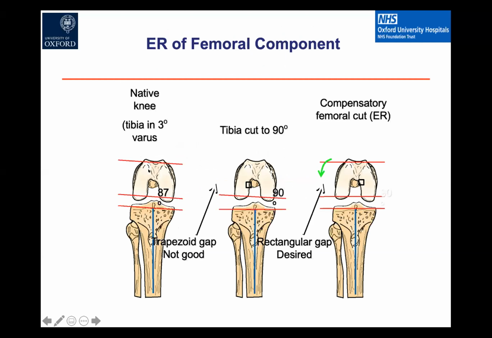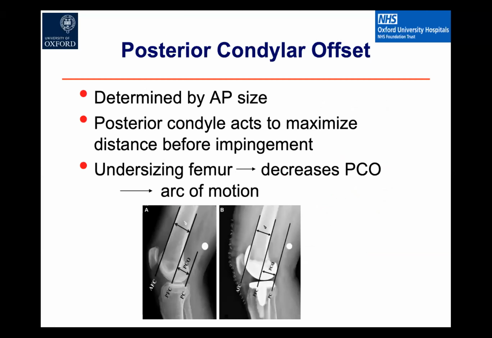Here again, you can see the native tibia is in 3 degrees of varus. If you cut the femur without externally rotating it, you would have a trapezoidal gap, whereas by externally rotating it, you get 3 degrees, which is built into your femoral jigs. Essentially, you'll be able to get a rectangular gap, and hence improve your ligament balancing.